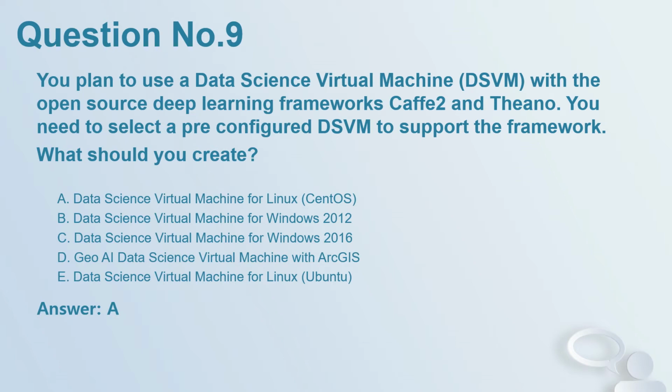B. Data Science Virtual Machine for Windows 2012. C. Data Science Virtual Machine for Windows 2016. D. GeoAI Data Science Virtual Machine with ArcGIS. E. Data Science Virtual Machine for Linux Ubuntu. Answer: A.